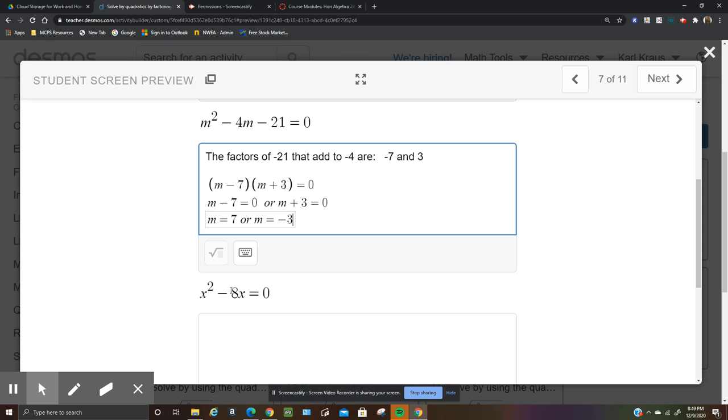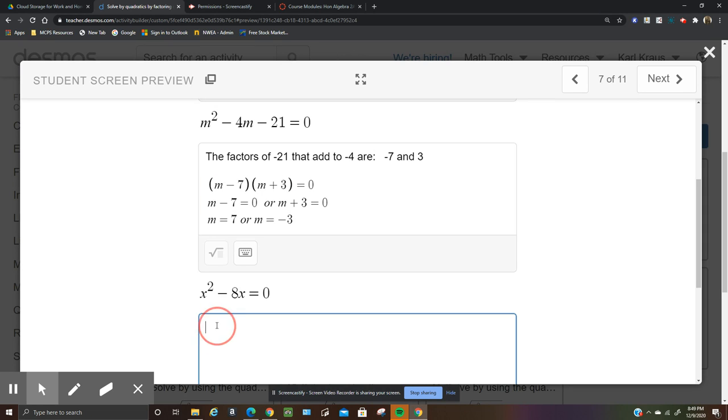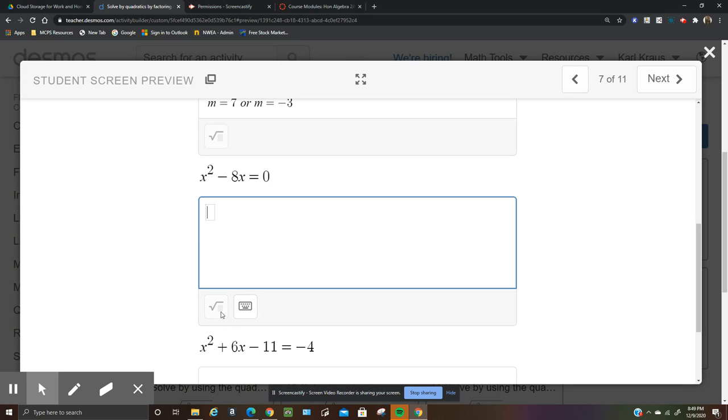This is a special case here. It has a common factor of x, so factor out an x. x equals 0 or x minus 8 equals 0.